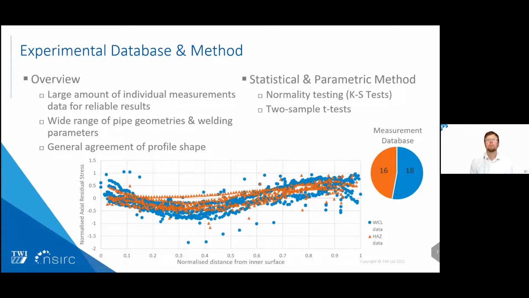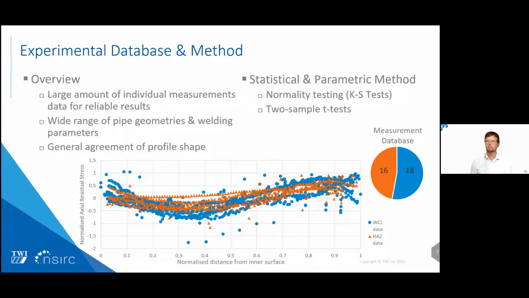So overall, there's quite a lot of data here, so we can do some statistical analysis. Importantly, this is a large range of different pipes, so different parameters, different geometries, and we want to compare what differences the parameters might have on the residual stress. So we're doing this through statistical methods, testing how the data is distributed.